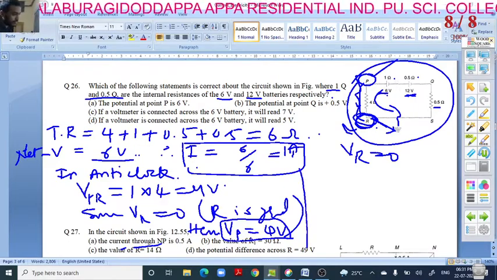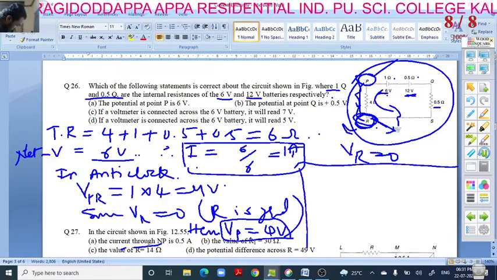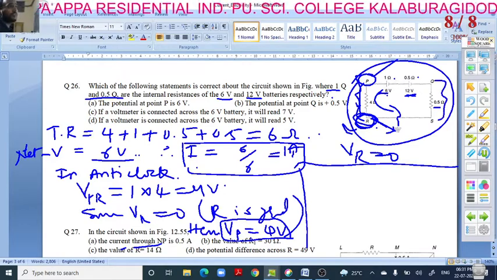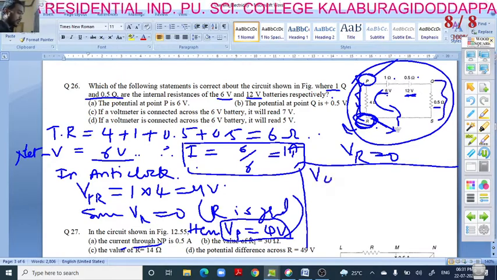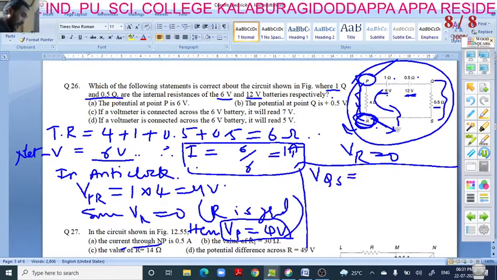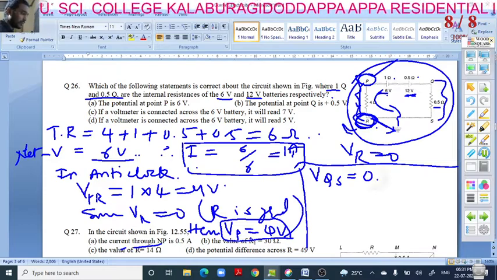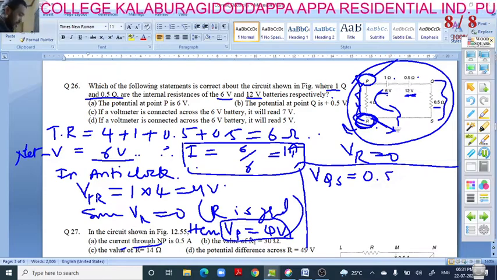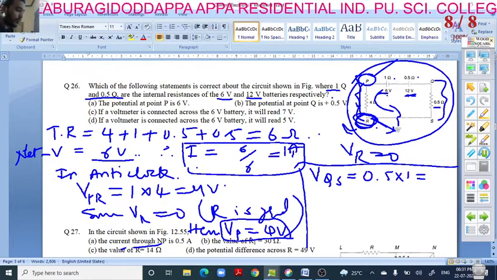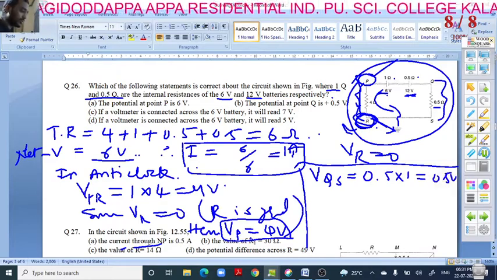Okay, now see here. Similarly, for this term I will define Q to S. Again here resistance is 0.5 and current is 1, that is equal to 0.5 volt, right?